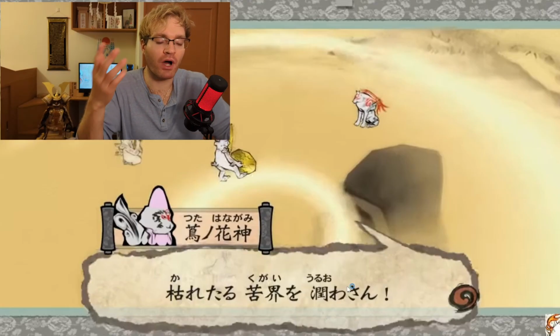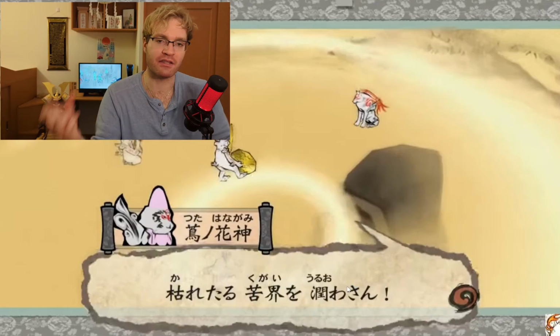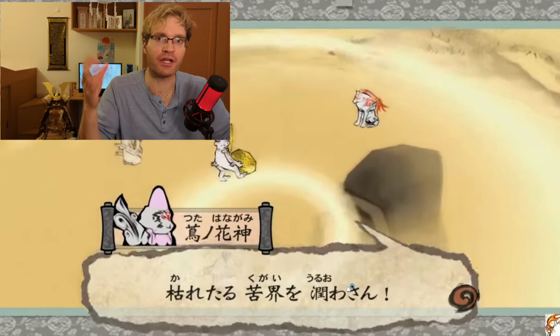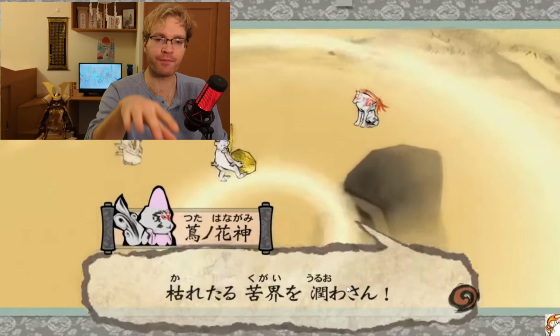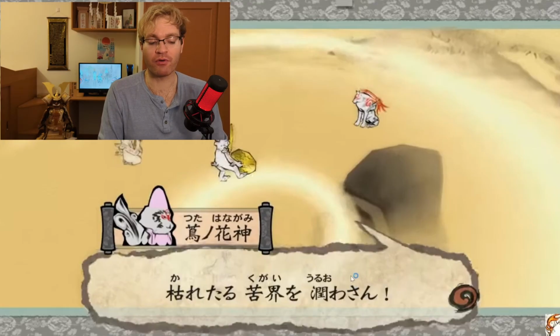When you water plants, they spring up in glory and life and energy and vitality. You are giving them warmth, giving them life, essentially. So water the withered, dry world of suffering.